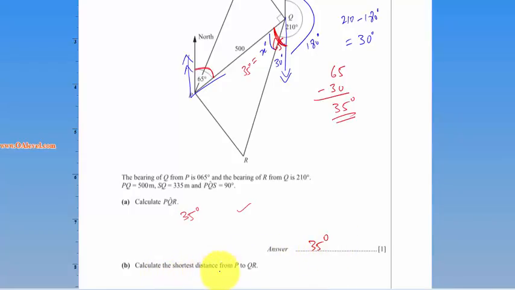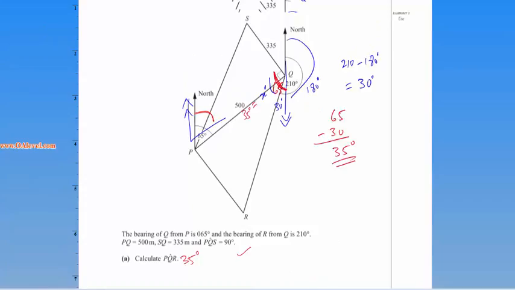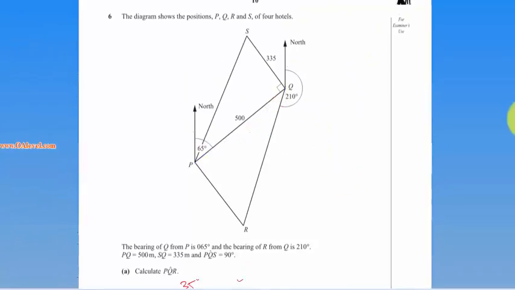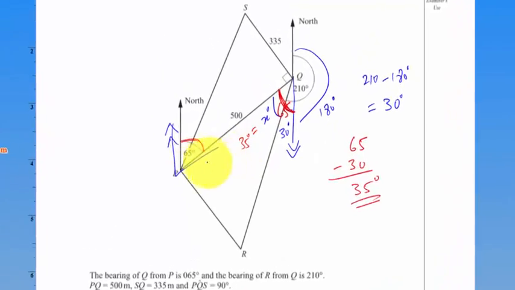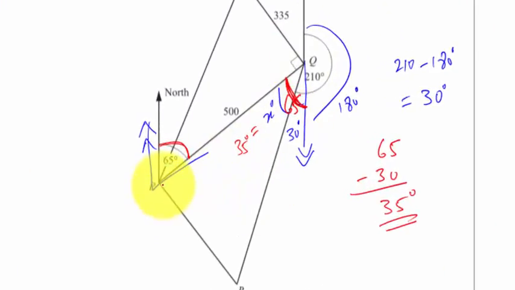Calculate the shortest distance from P to QR. The shortest distance from P to QR is an exactly perpendicular distance from P to QR. This should make a 90 degrees angle, and we need to find this. Let's say make it y.